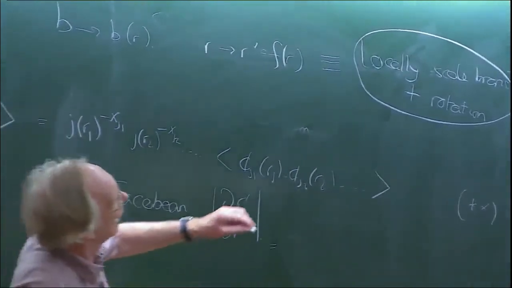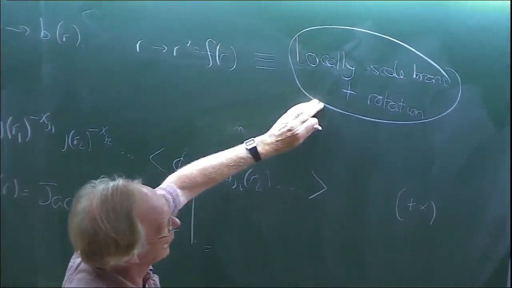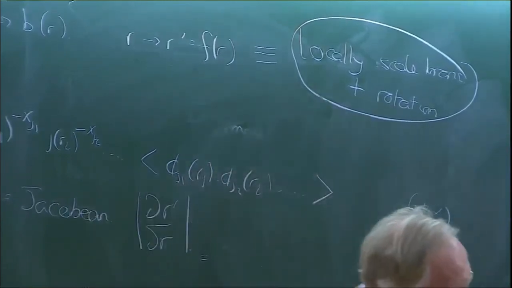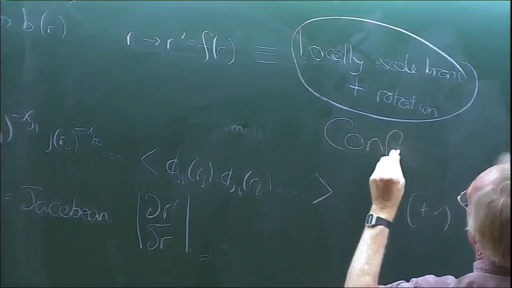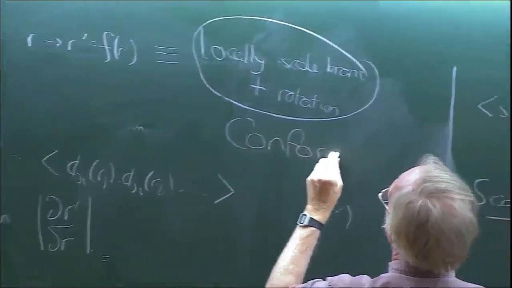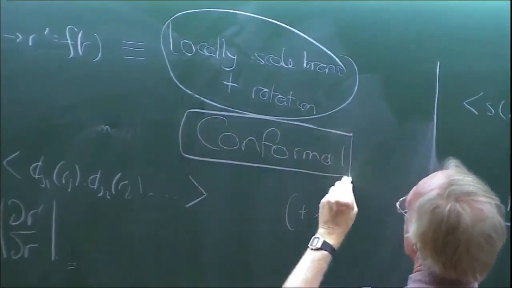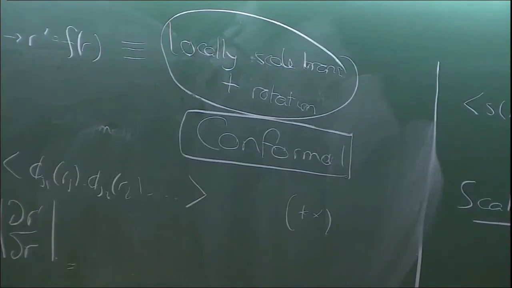So transformations of the plane or R to the D that satisfy this are called conformal. They are conformal if locally they look like a scale transformation and a possible rotation.